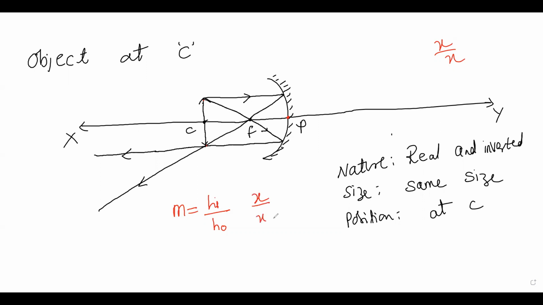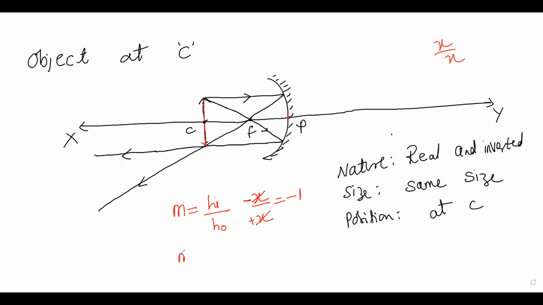Let it be x. But one is above the axis and the other one is below the axis. So image is below the axis, so image height will be negative. Object is above the axis, object height will be positive. Both the sizes are equal, so you will get -1 as the magnification.